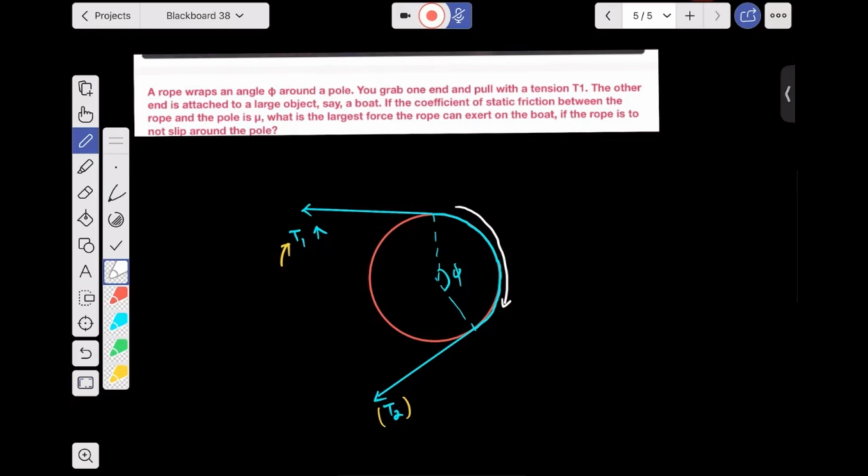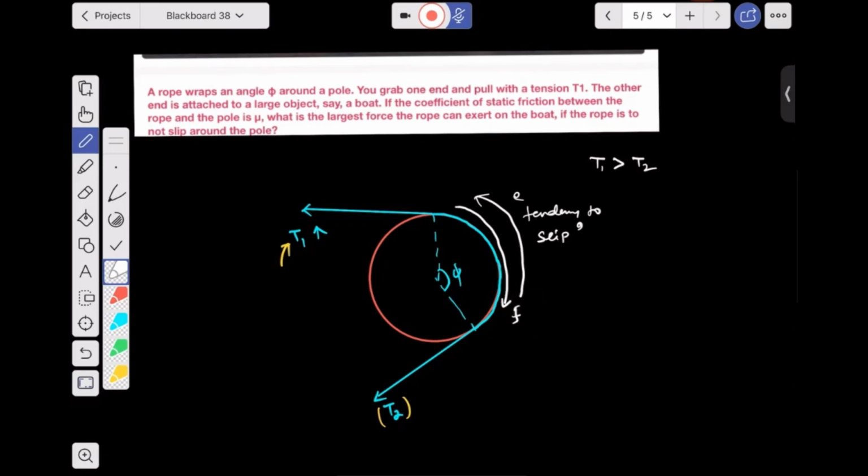Suppose T1 is becoming more than T2 and it has a tendency to slip this way. If the rope's tendency to slip is in the anti-clockwise sense, then the friction force, whatever will come, will be in the clockwise sense.